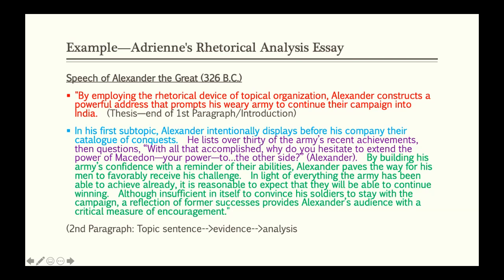In light of everything the army has been able to achieve already, it is reasonable to expect they will be able to continue winning. Although insufficient in itself to convince his soldiers to stay with the campaign, a reflection of former successes provides Alexander's audience with a critical measure of encouragement." Okay, so you clearly see topic sentence, evidence, and analysis.